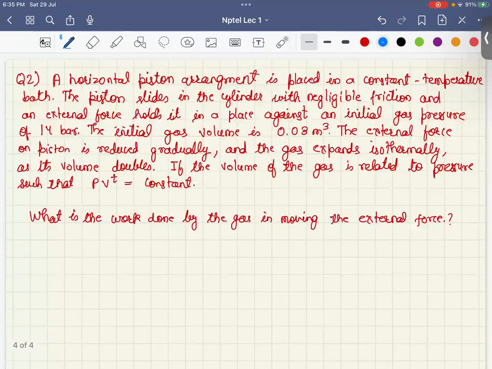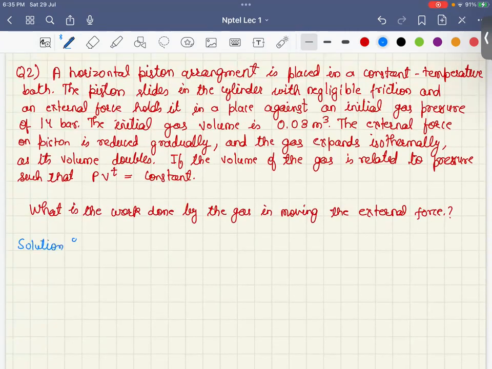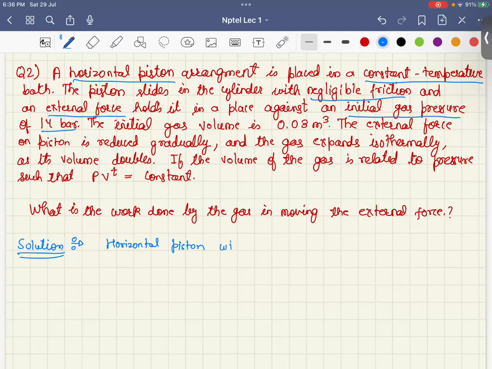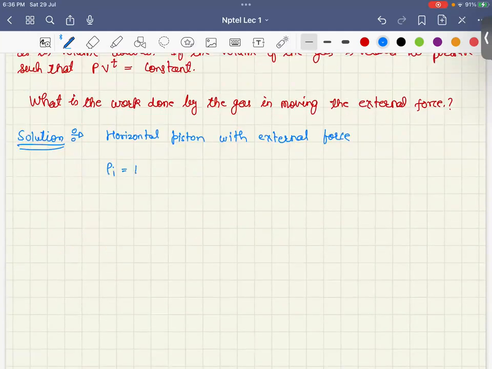Okay. So what we are given is, a horizontal piston is placed in a constant temperature bath. That means temperature is constant, and the piston slides in the cylinder with negligible friction, right? So frictional losses are 0, and an external force holds it in place against an initial gas pressure of 14 bar, right? So we have a horizontal piston with external force, and initial pressure has been given as 14 bar.